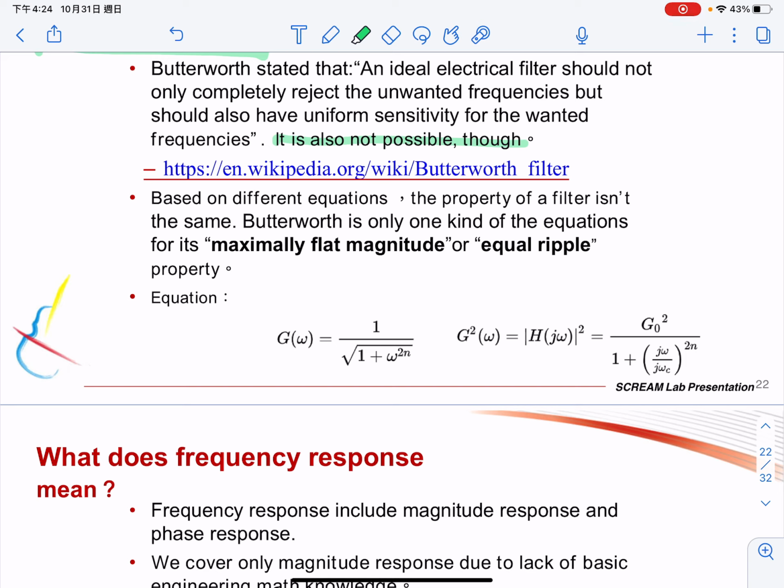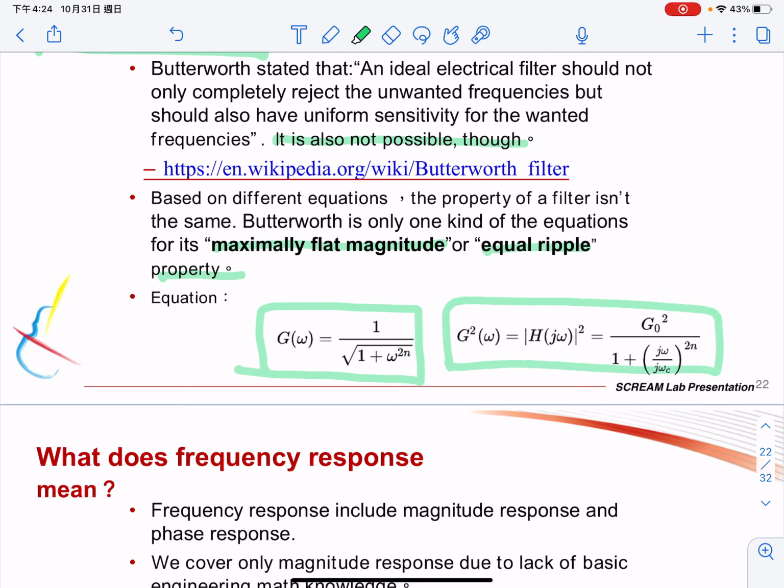So based on different equations, the property of a filter isn't the same. Butterworth is only one kind of equation, but it has the maximally flat magnitude or equal ripple property. And this is the transfer function of a Butterworth filter, and this is the magnitude. Okay.